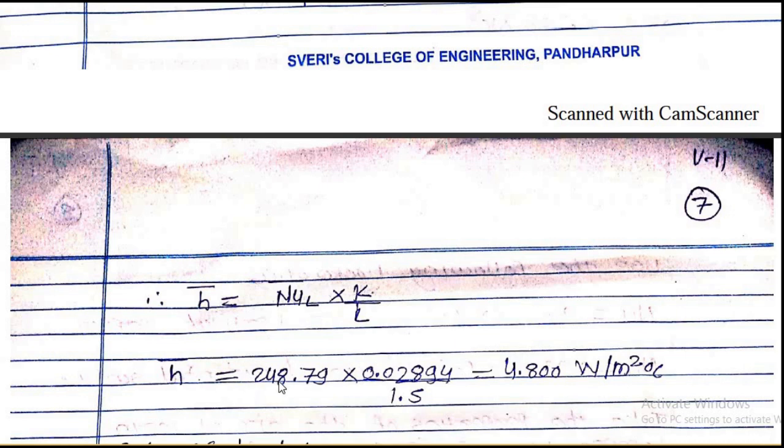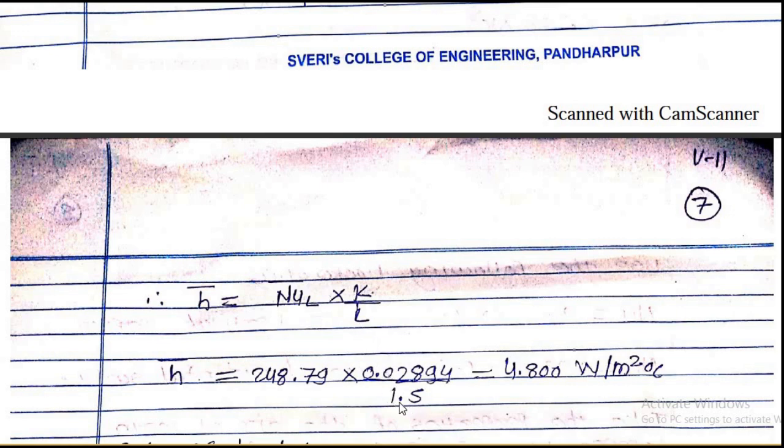So h bar is equal to 248.79, that is the value for the average Nusselt number we have determined on the basis of the correlation, multiplied by thermal conductivity 0.02894, divided by the characteristic dimension, which is the height of the cylinder.